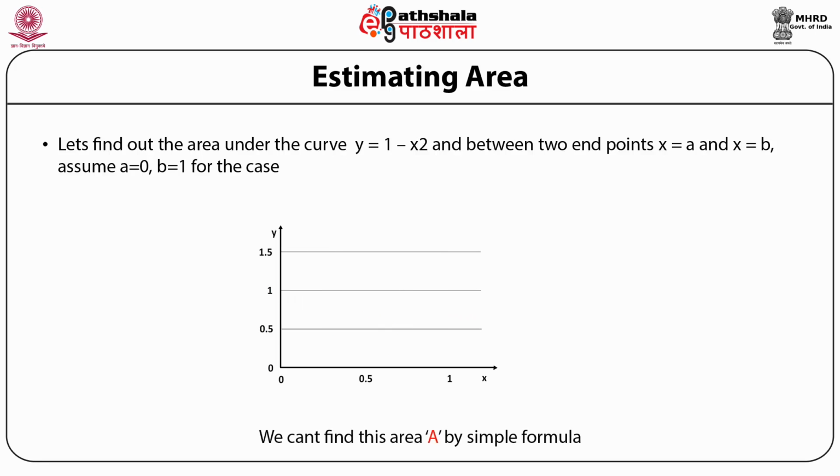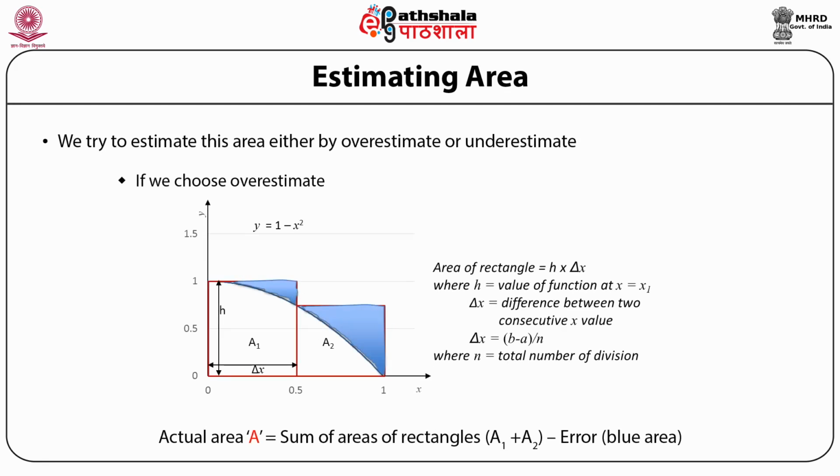We can't find this area by just a simple formula. Here what we are doing is an approximation. We are using squares of height h and width delta x to find the area.